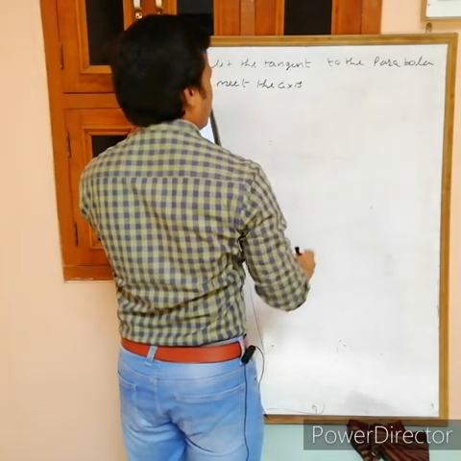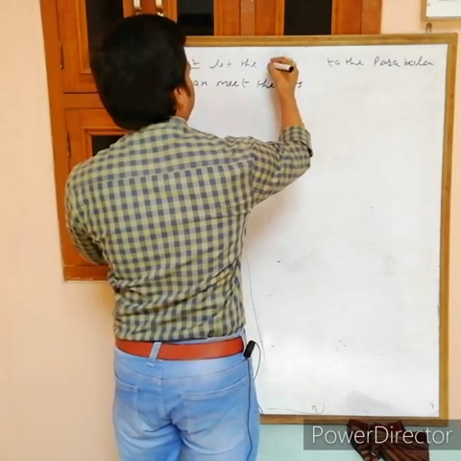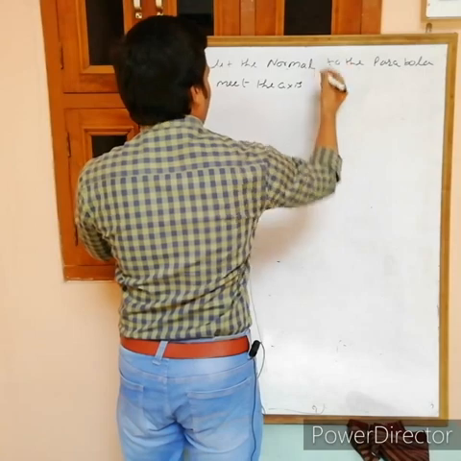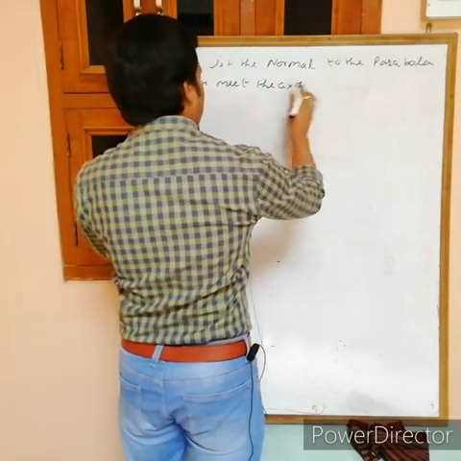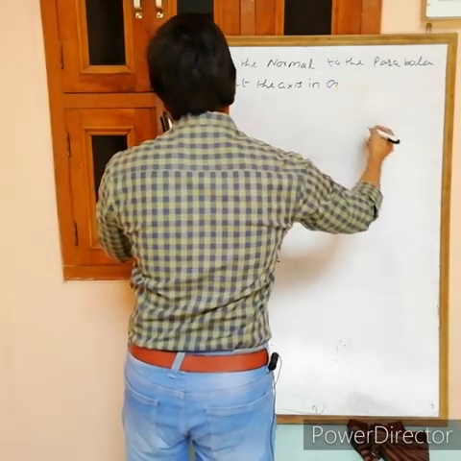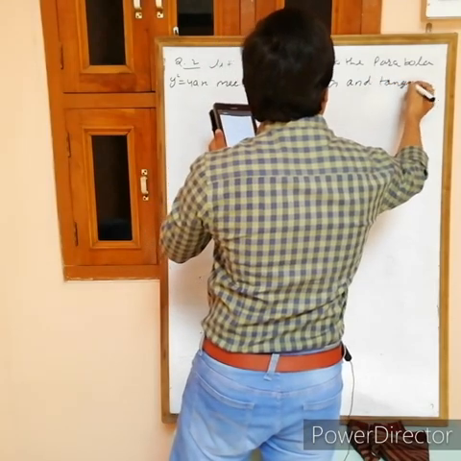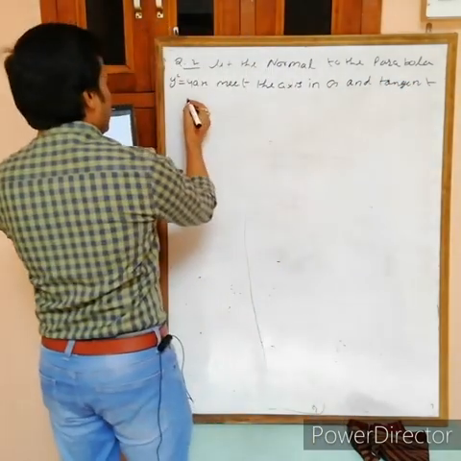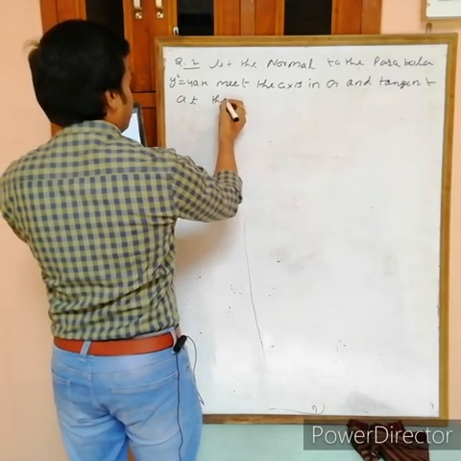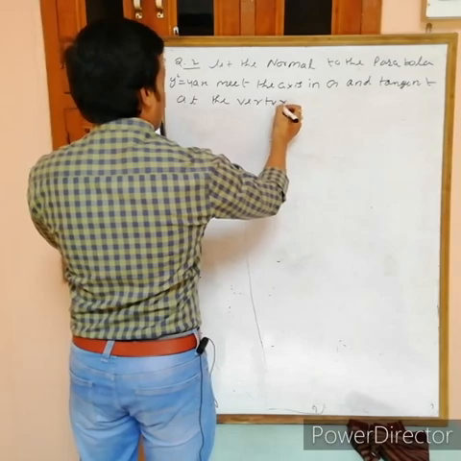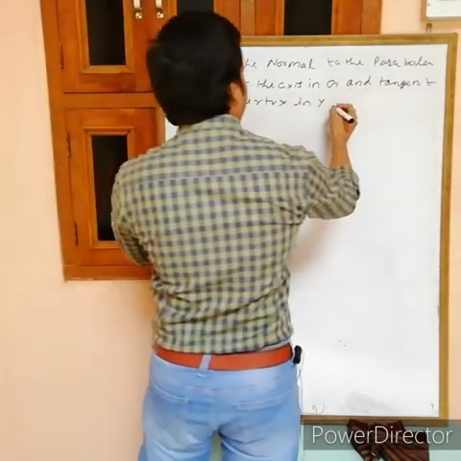One minute, this is for tangent but we are writing for normal now. Let the normal to the parabola meet the axis in G and tangent at vertex in Y.